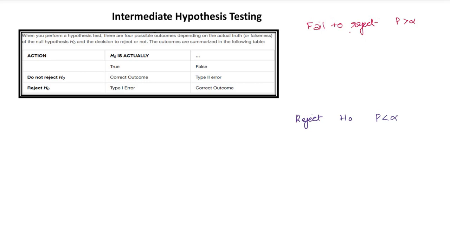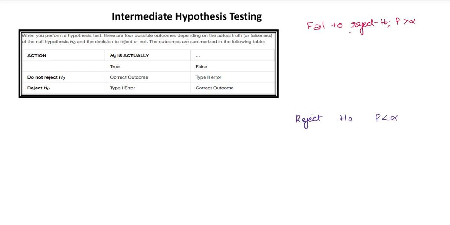When we fail to reject the null hypothesis, fail to reject H naught, then the p value is greater than alpha. So fail to reject means we accept, right? We are forced to accept that one. When we accept that, two things may happen. We accept it even if it is wrong, or we accept it when it is correct.